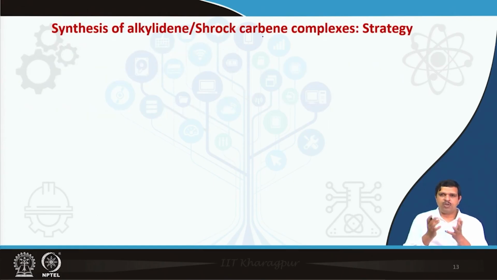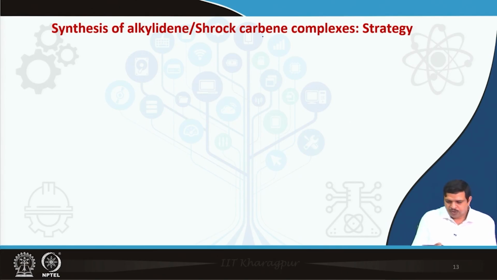Schrock carbene is also regarded as an alkylidene complex, and we already discussed the basic properties of the Schrock carbene. Schrock carbene is generally formed by early transition metals in high oxidation states. So what will be the synthetic strategy to make these metal carbene complexes?